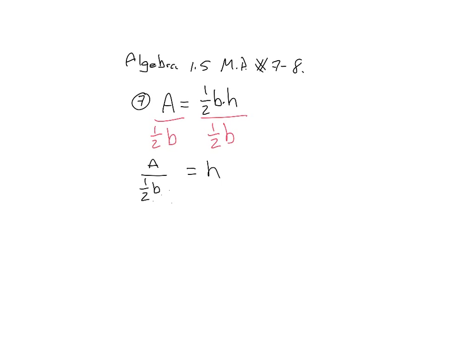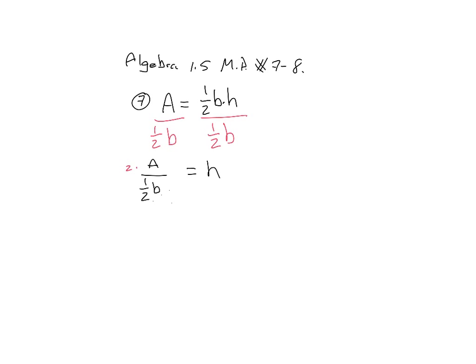Now, it's a little unusual to leave a 1/2 down in the denominator of a fraction, so we're going to take that and get rid of it. Essentially, if you take 1/2 down in the denominator of this fraction and flip it up top, it becomes a 2. So what I'd be really doing is multiplying the numerator and the denominator both times 2.